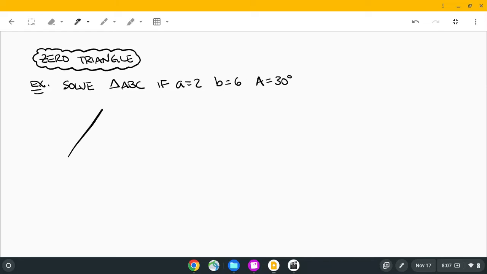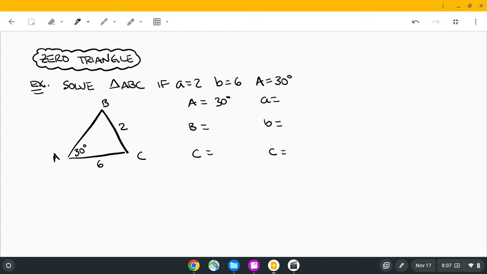Again, I like to draw my triangle A, B, C. A is 30 degrees, little a is 2, little b is 6. If we are trying to solve the triangle, let's see what we have so far. We have 30 degrees here, 6 here, and 2 here.